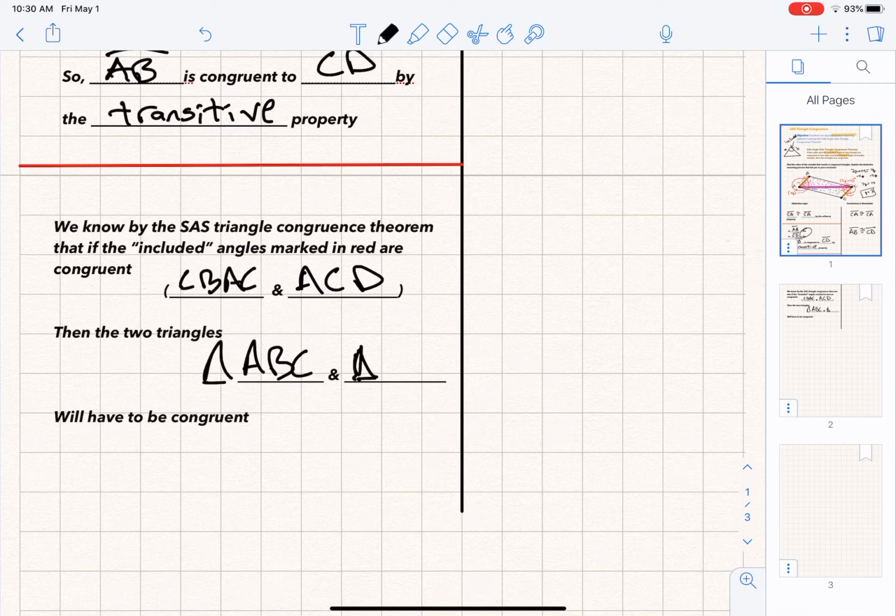The order does matter here. You might want to think about that. That's not the emphasis of this lesson, but think about why I'm labeling it this way.